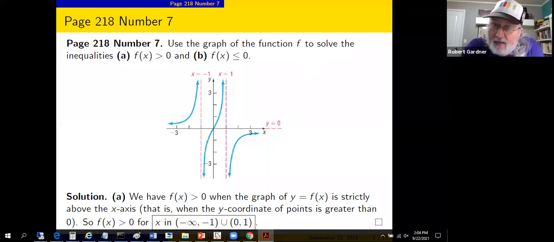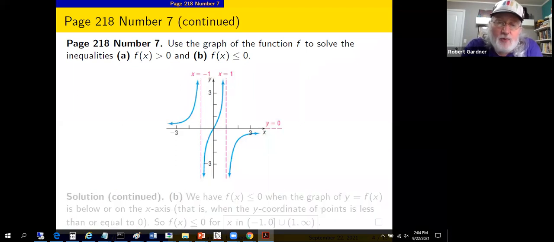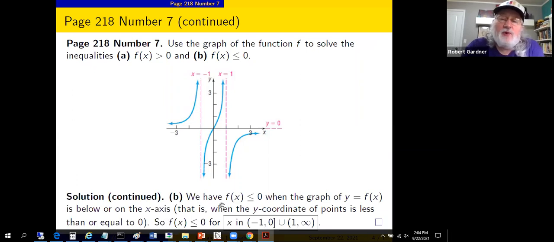In part B, we want to see where f of x is less than or equal to 0. The or equal to part will say, well, this time we're going to include intercepts. We'll include x-intercepts. Same graph, different question. For f of x less than or equal to 0, this is satisfied when f of x is below the x-axis or on the x-axis.